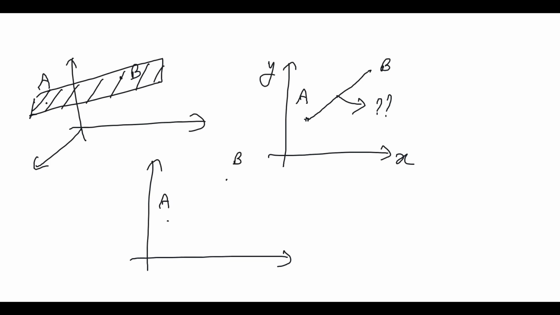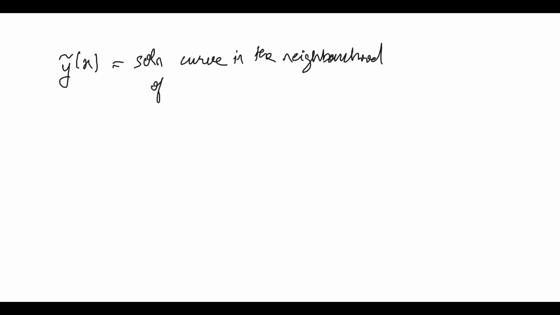Now let us take the actual solution as y of x, right? And the test case, some random function, to be y tilde of x. So this y tilde of x is nothing but the solution curve in the neighborhood of y of x.